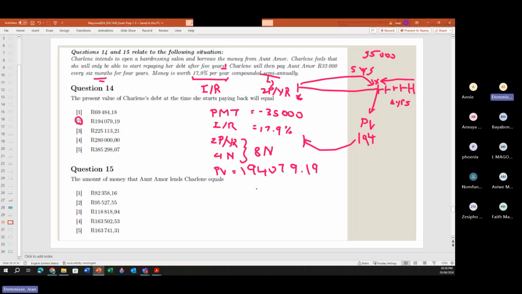So let's see what we need to do. Again, we need to work out the present value. Now we've actually got a future value, so that was for 194.